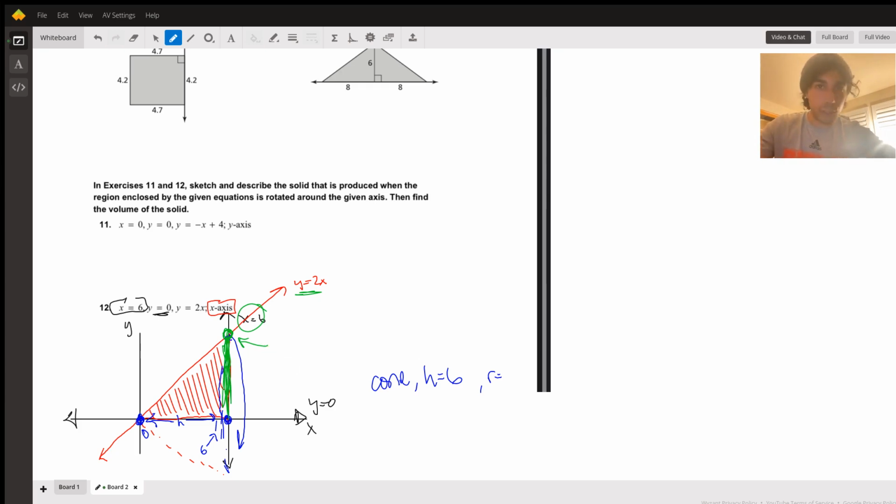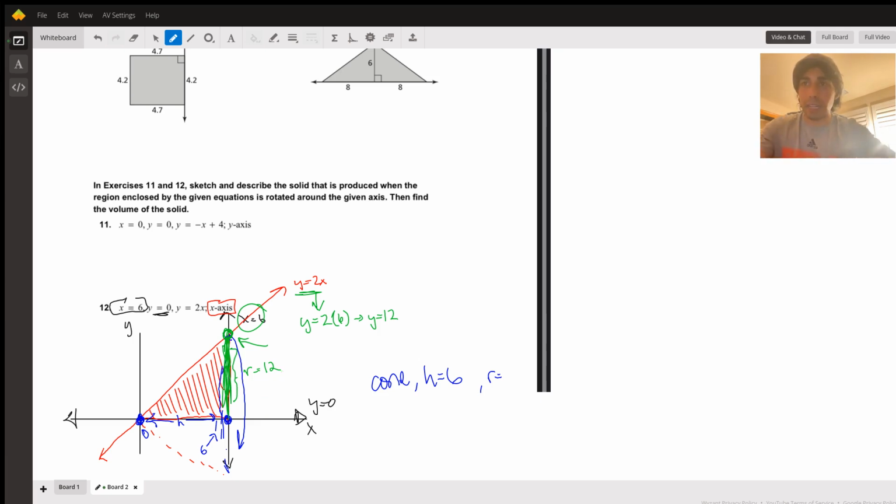The way we figure out where two lines are intersecting is I could just plug 6 into this equation. That gives us y equals 12. So that gives us the radius. That radius is going to be 12. That's the height of that green line.